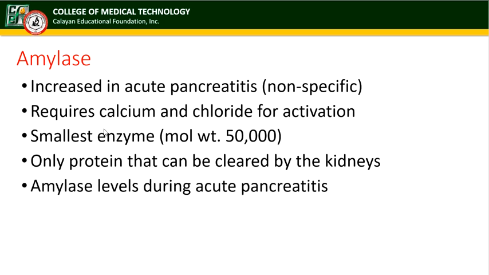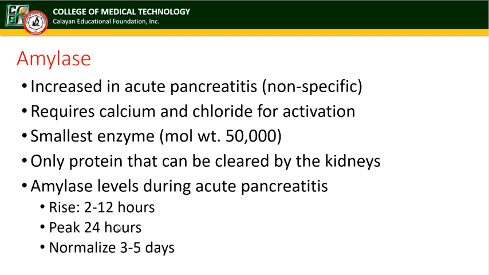Amylase levels during acute pancreatitis: they rise at 2 to 12 hours, peak at 24 hours, and normalize within 3 to 5 days. So if you suspect acute pancreatitis in the patient, this is what we follow.